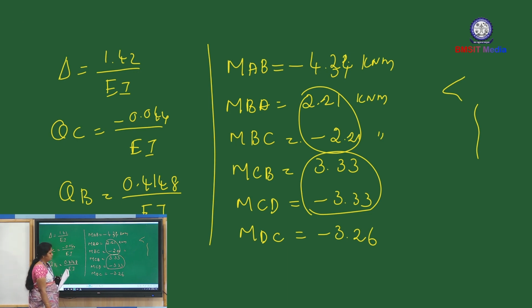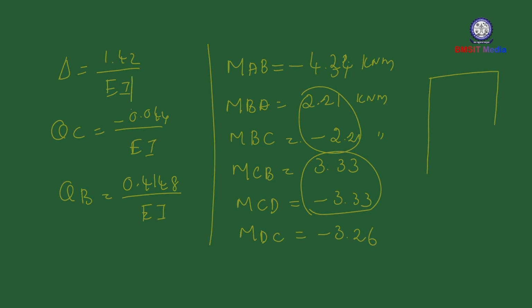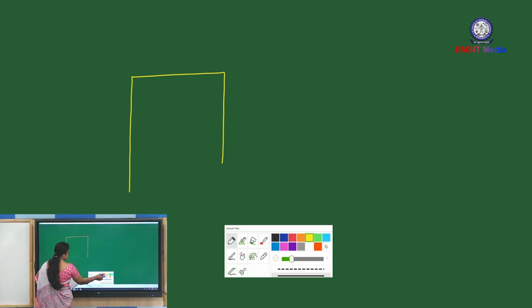Now we have to draw the combined bending moment diagram. First, the simply supported bending moment. Here the spans are AB, BC, CD. AB is subjected to a midpoint load, I think 8 kilonewton.